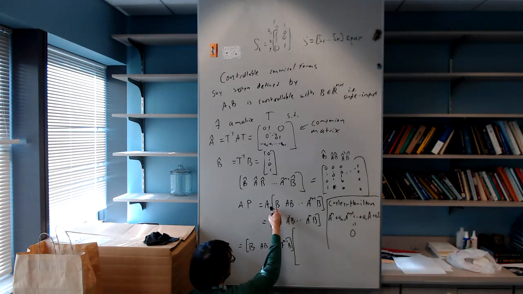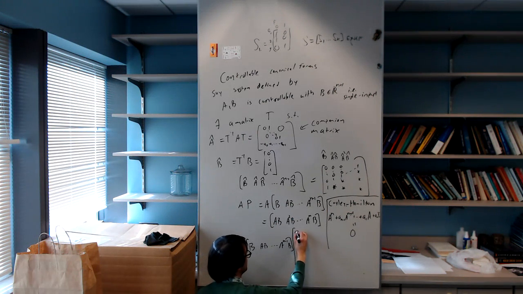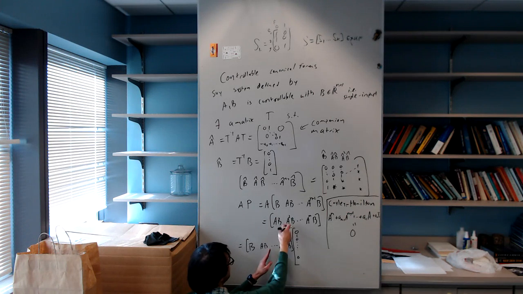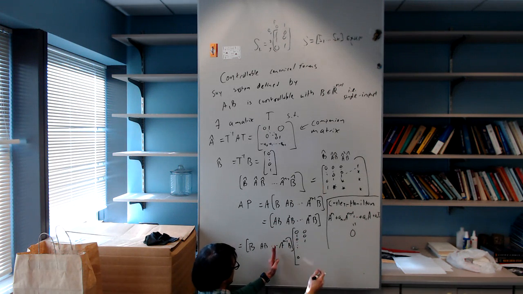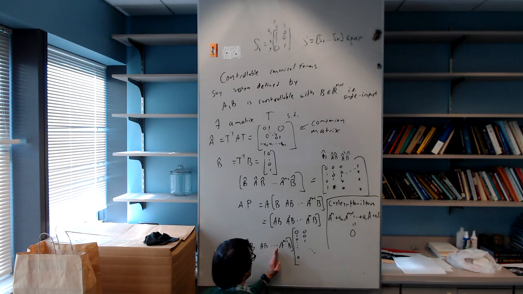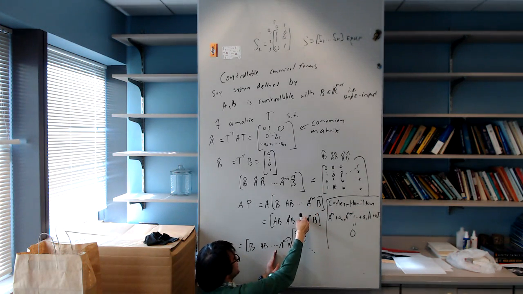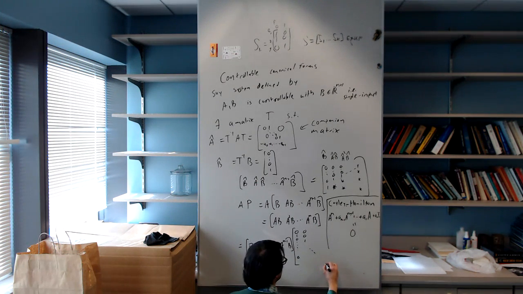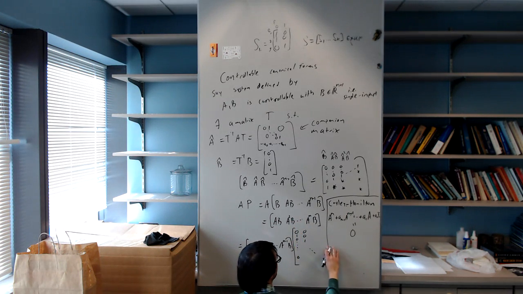If I want to pick off this particular column, I pick off that thing right here, so I get a 0, 1, and then zeros everywhere else. If I want to pick off this thing, I need to pick off the third column. And if I want the n minus 1 thing to show up over here, I pick off the last one, following this pattern.